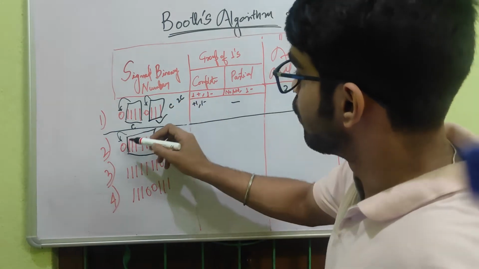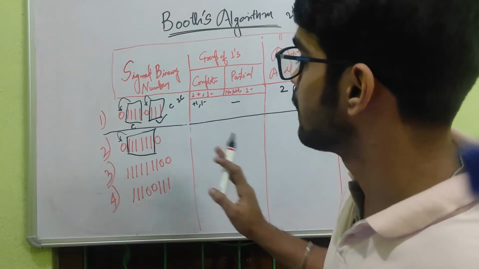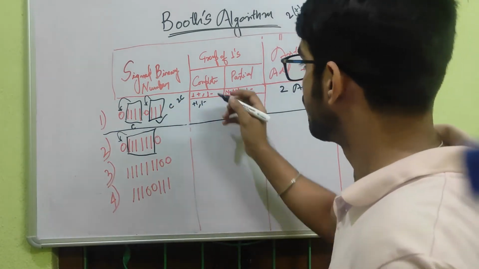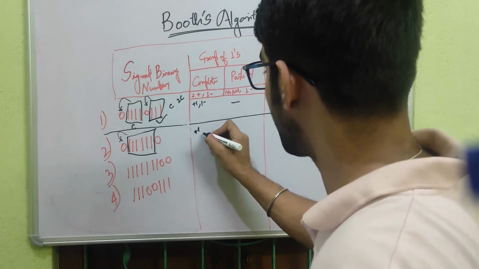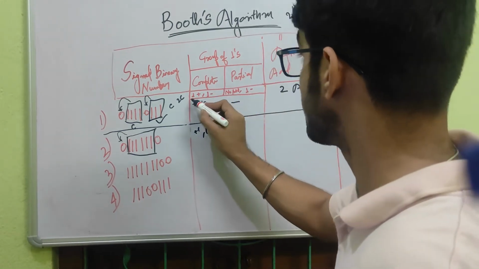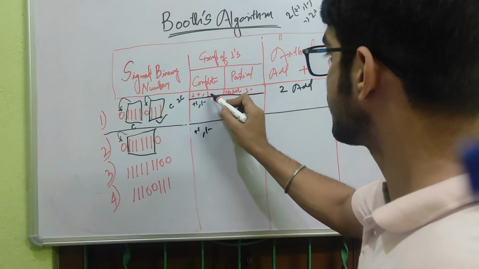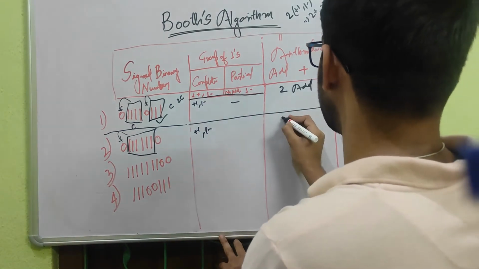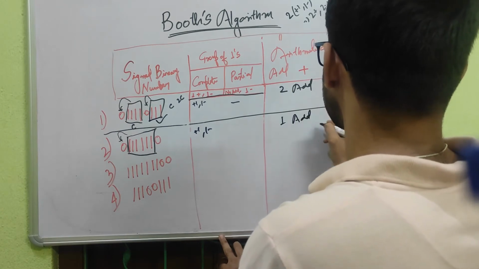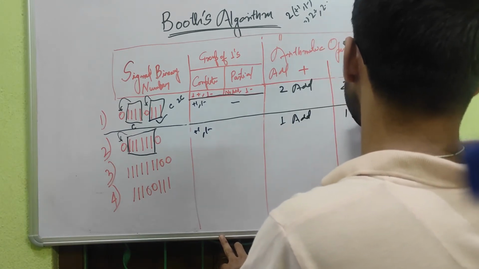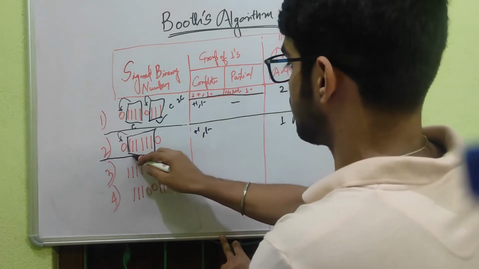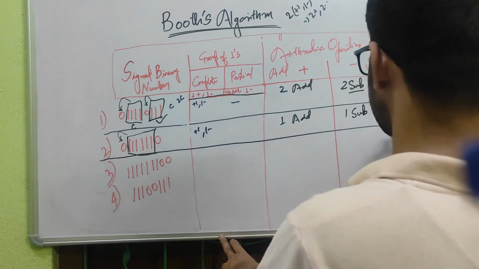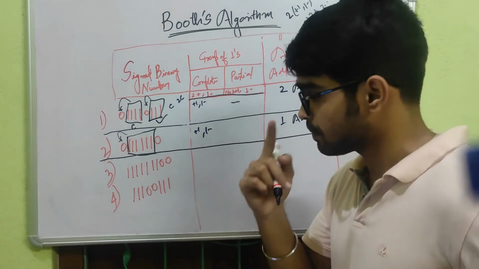So we have just 1 complete group in this example, so we will have 1 addition and 1 subtraction as per the standard rules. I hope this is clear.